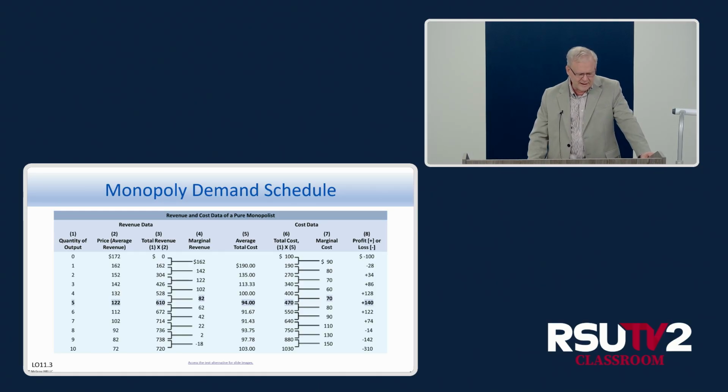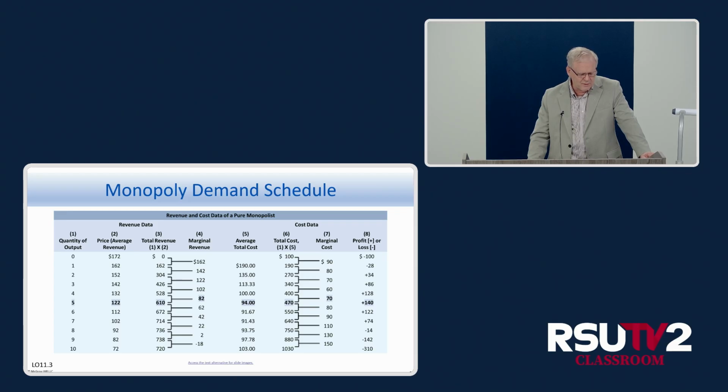Now, when we did a schedule like this for perfect competition, these prices were all the same. The individual supplier is charging the same price because it's a horizontal individual demand curve. Now, notice some things that result from that. The marginal revenue also decreases, but at a faster rate.